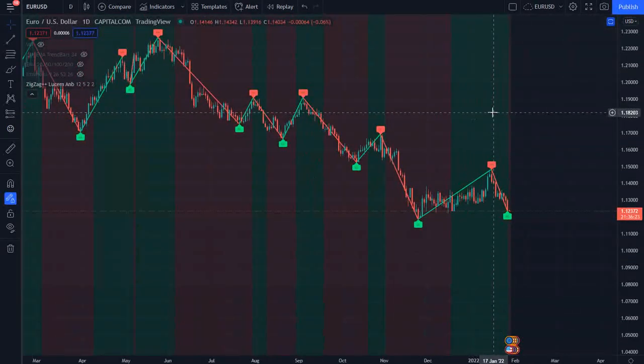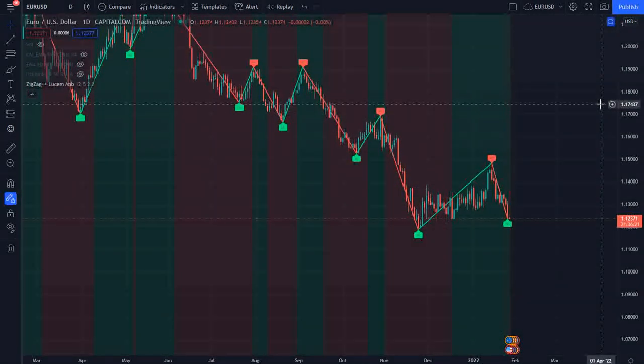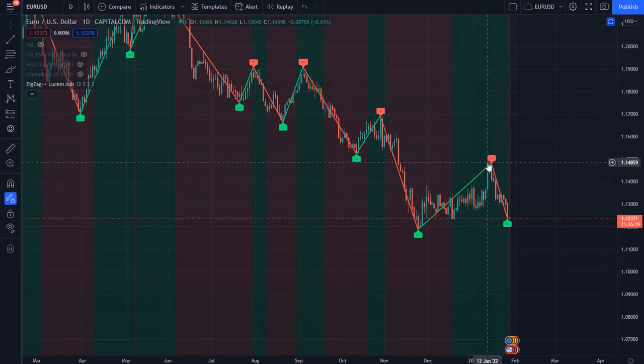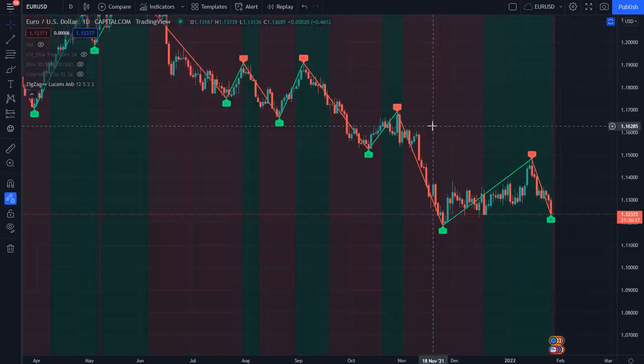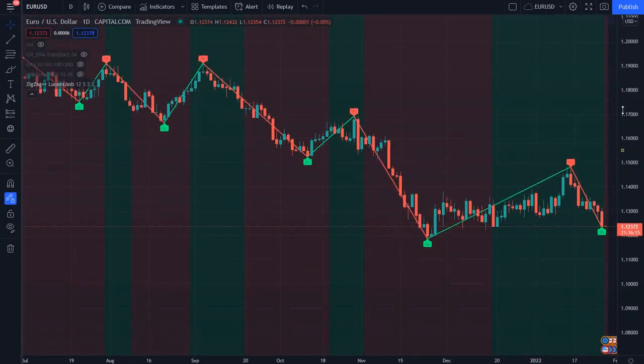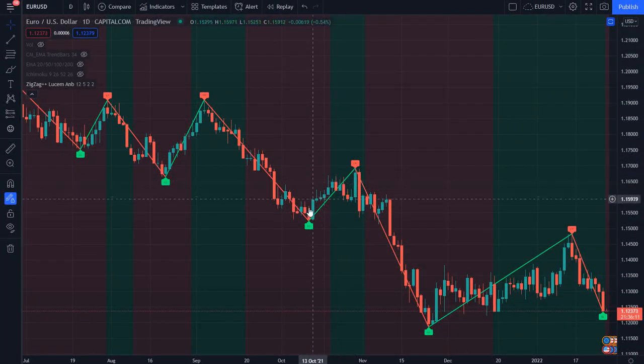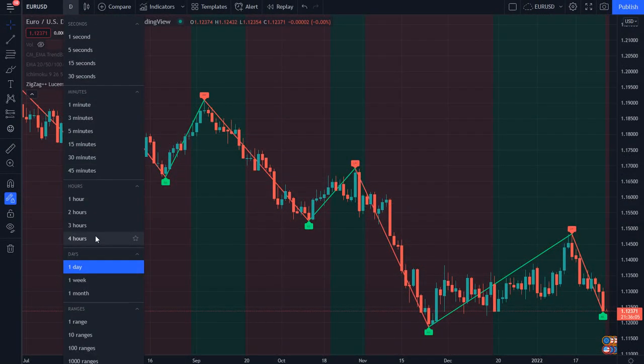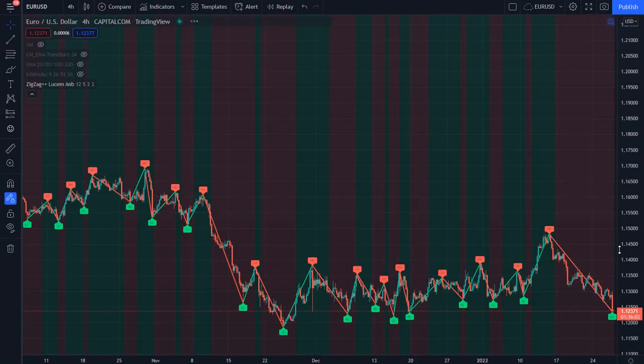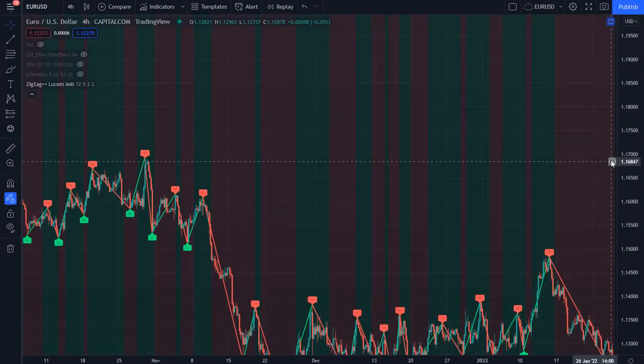Now of course you're going to have some good readings and bad readings as well. So this one here is good for you to buy, and this one's not good for you to buy. You think, okay, let me just buy here. Normally, ideally you want to buy here and then you go up. However, there's no signals at all. Let's go back to the 4-hour candles time frame and see whether we can have anything else good.